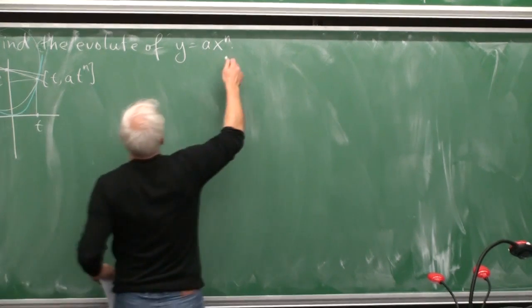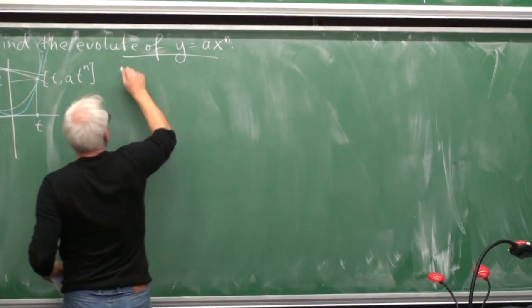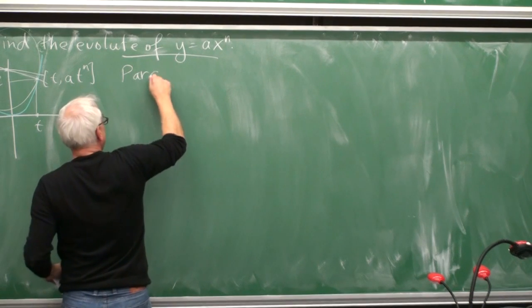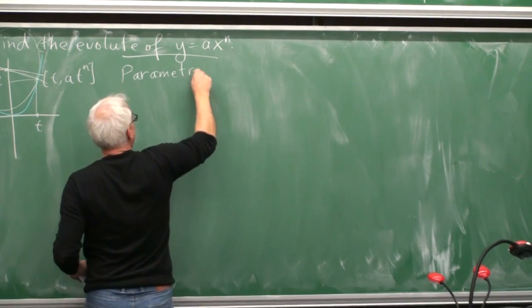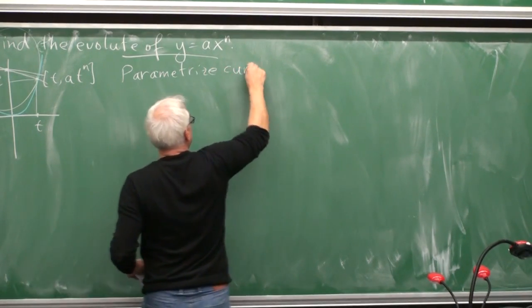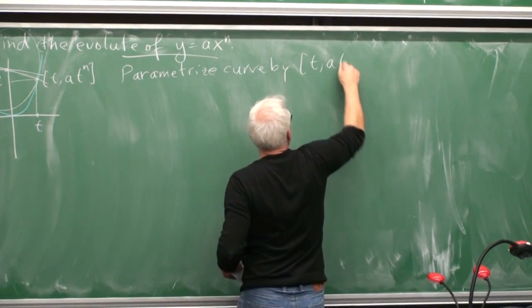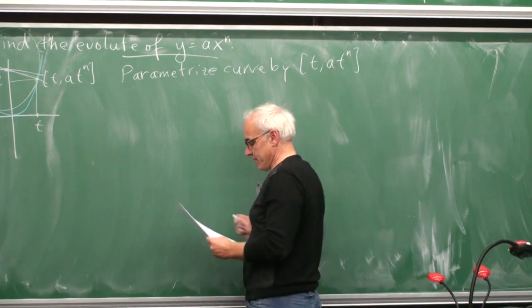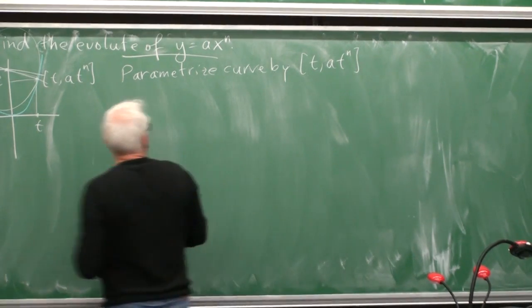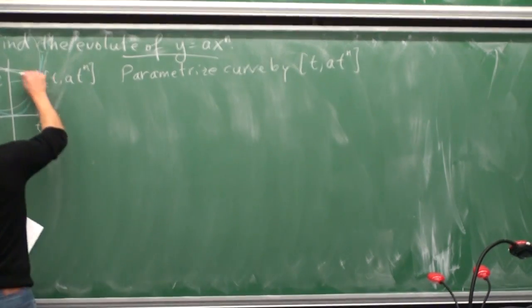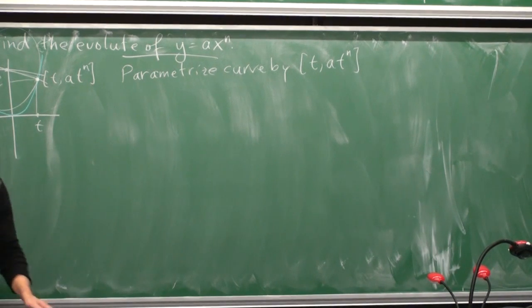All right, so the first thing that we do is, well, we've said that already, but let's write it down. Parameterize the curve by t, a t to the n. So at this point, what we'd like to do is write down the equation for the normal. The simplest thing to find is the derivative, because we know how to differentiate it very quickly.